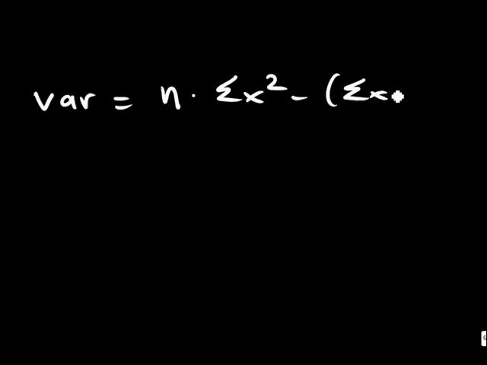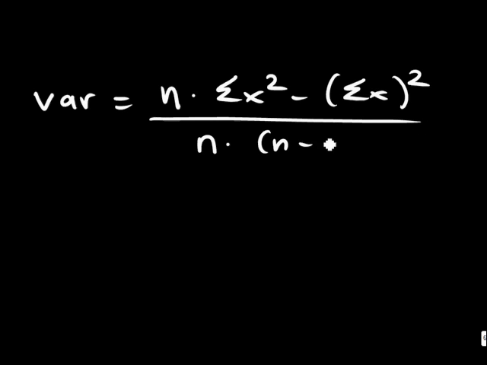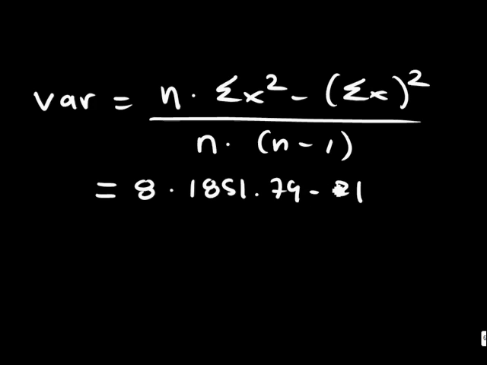Variance is n sum x squared minus sum x in parentheses squared over n times n minus 1. This will be 8 times 1851.79 minus 121.7 to the second power, over 8 times 7.